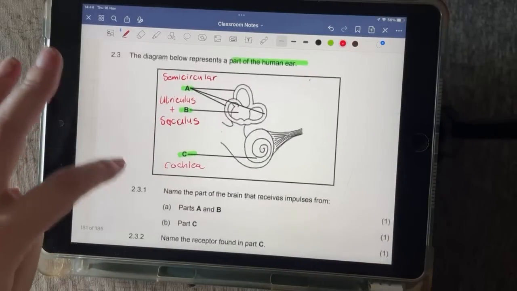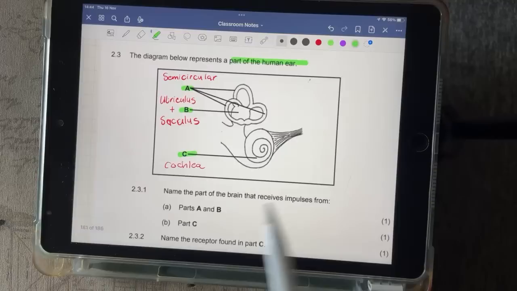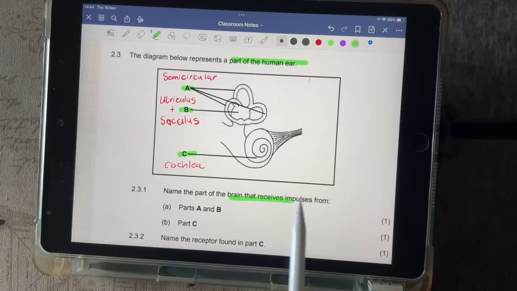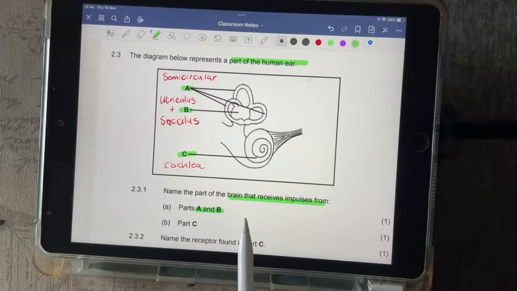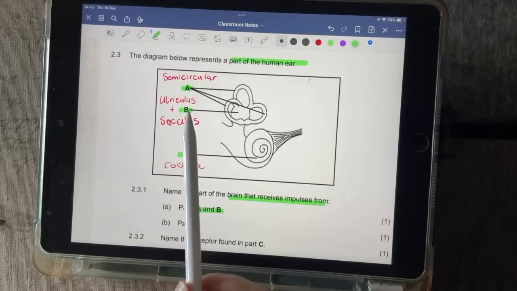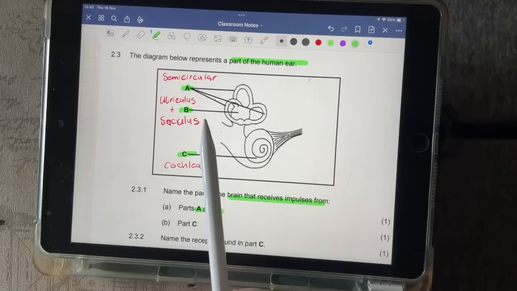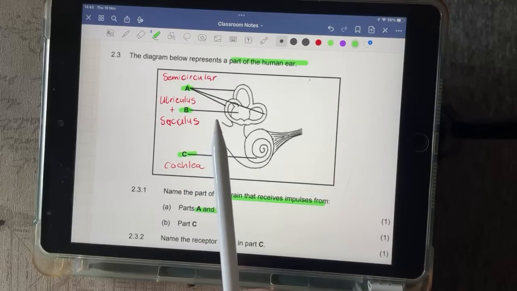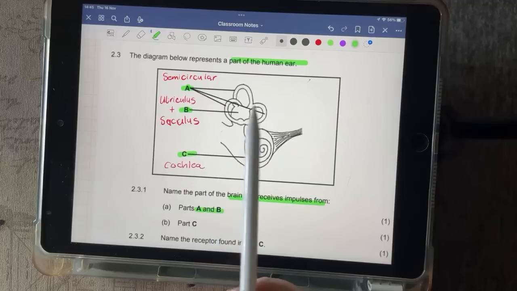All right, 2.3.1 says the following. Name the part of the brain that receives impulses from part A and part B. So everybody, where in the brain do you get information from part A and part B? Keeping in mind that part A and part B have nothing to do with hearing.